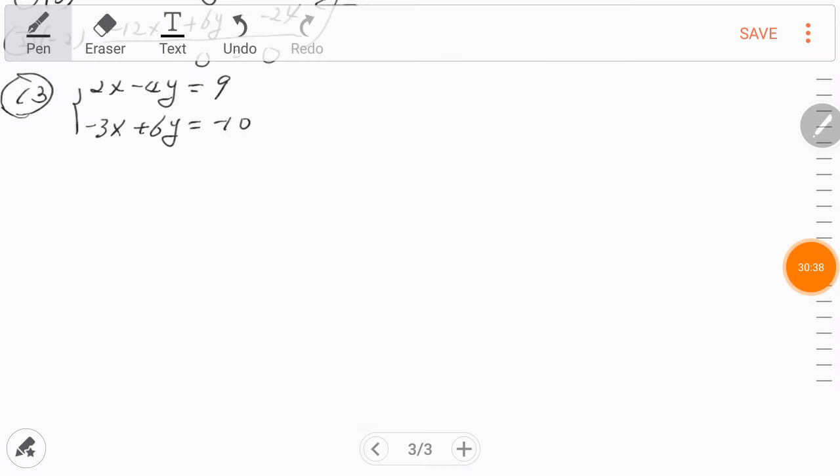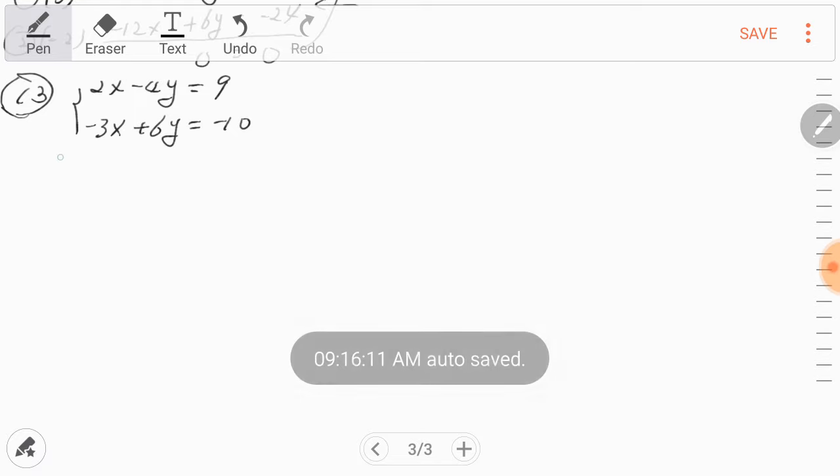Okay, for this number, why don't we this time eliminate x? It doesn't matter, you can eliminate y, but this time I will eliminate x. The coefficients are 2 and -3, so the LCM is what? 6, right? Let's make the coefficient of x equal to 6.